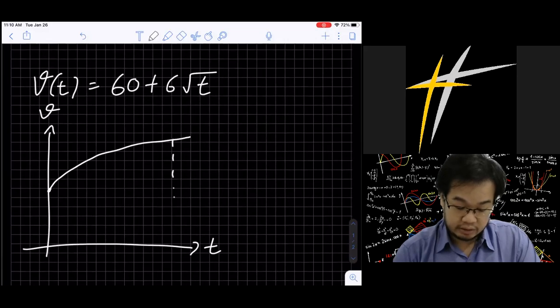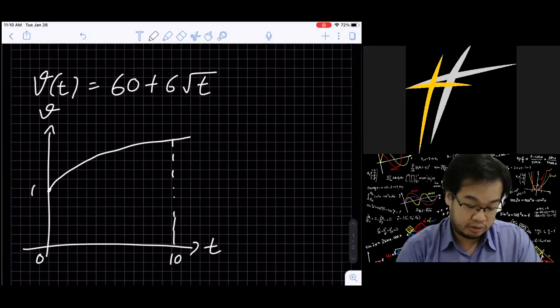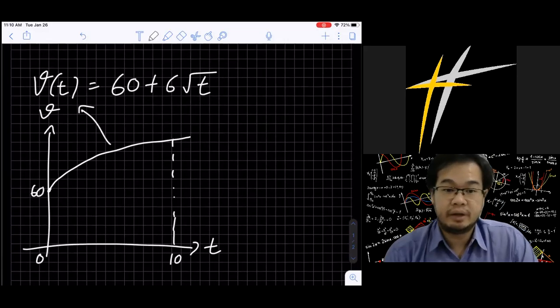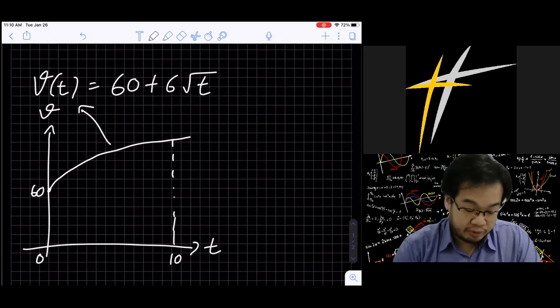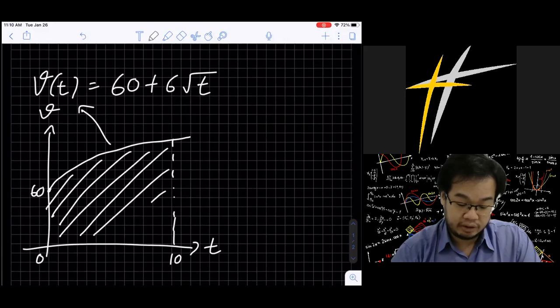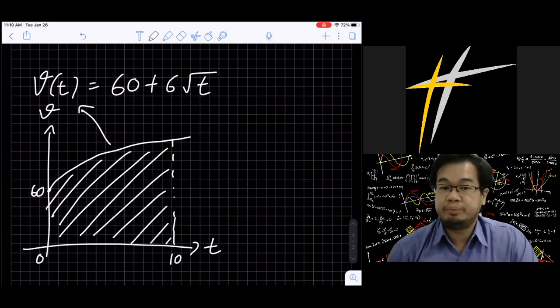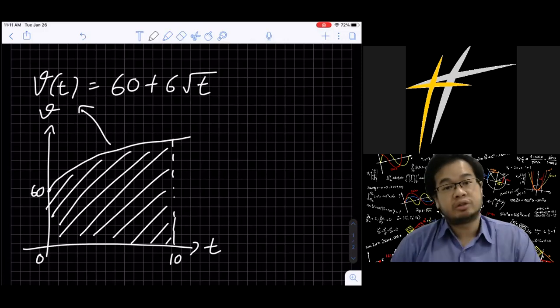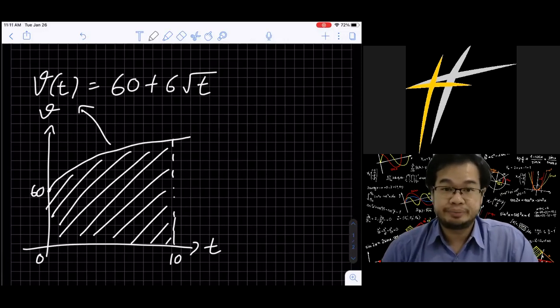Let's say it passed the truck after 10 seconds, starting from 0, 60, and this is your equation of v of t. There is going to be a problem finding the area below the graph, because it's not a particular shape that we know the formula for. It's not a rectangle, not a trapezoid, not a triangle. That's where the definite integral comes in.